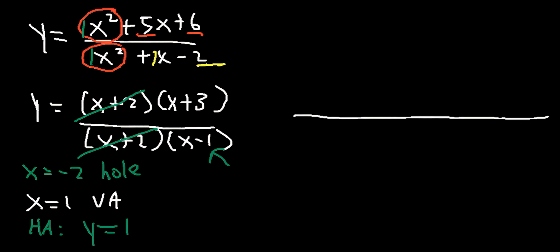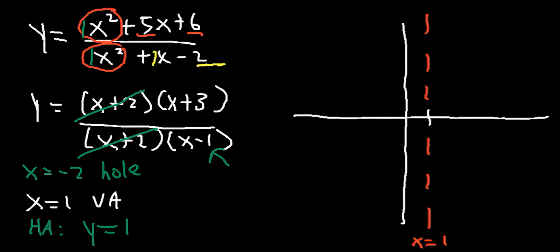So now let's graph it. So first let's plot the vertical asymptote at 1. Next, let's plot the horizontal asymptote at 1.